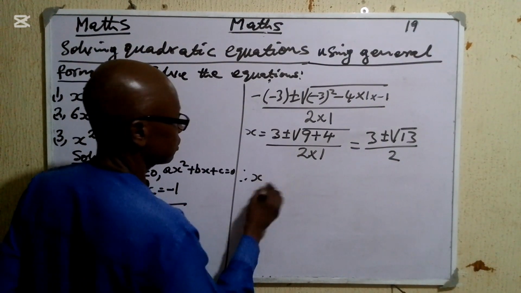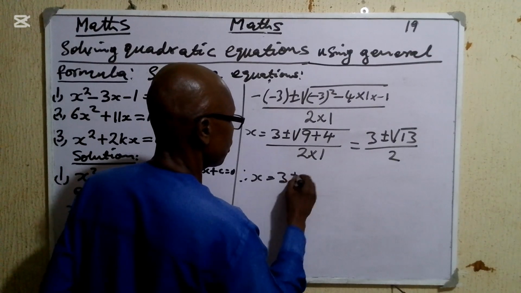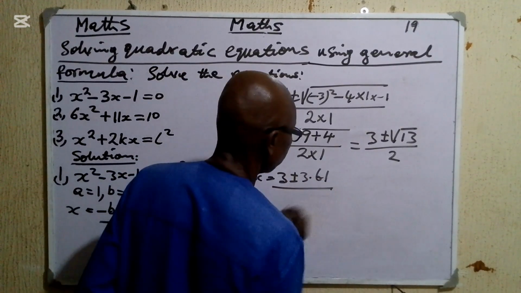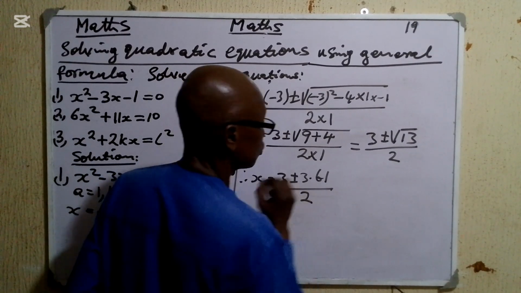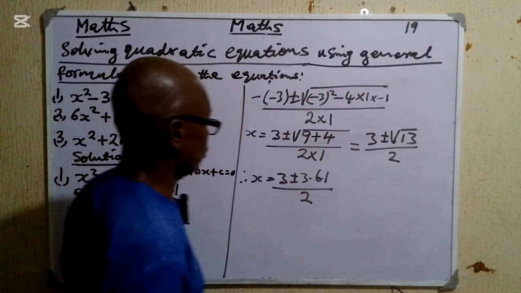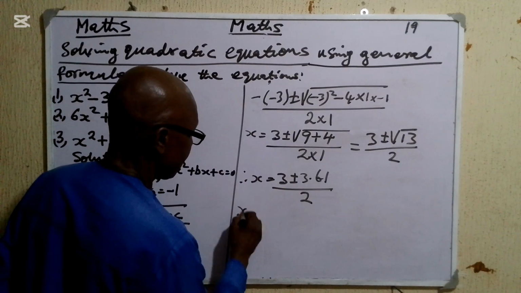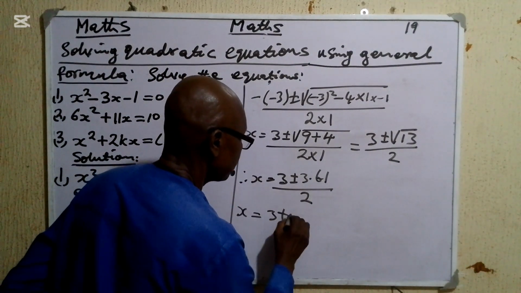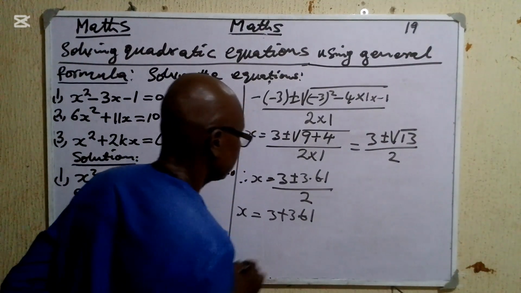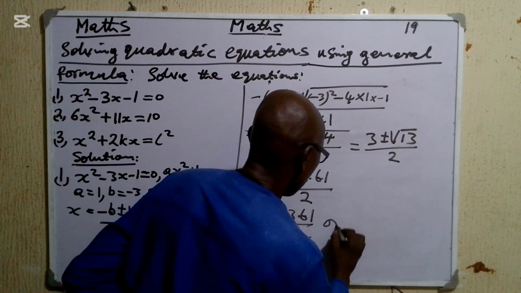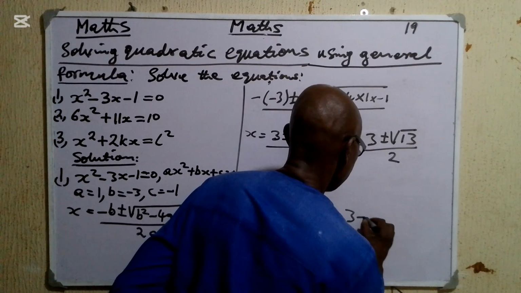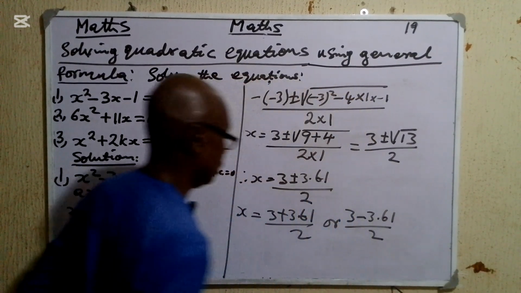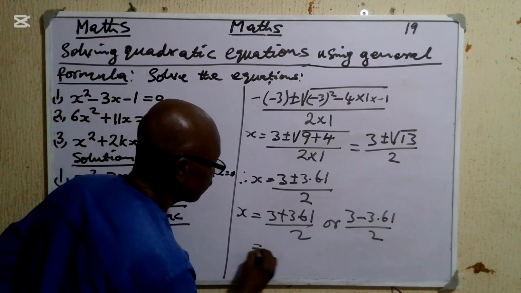So our x should be equal to 3 plus or minus 3.61 all over 2, because 2 times 1 is 2. So our x will now finally be 3 plus 3.61 all over 2, or 3 minus 3.61 all over 2.